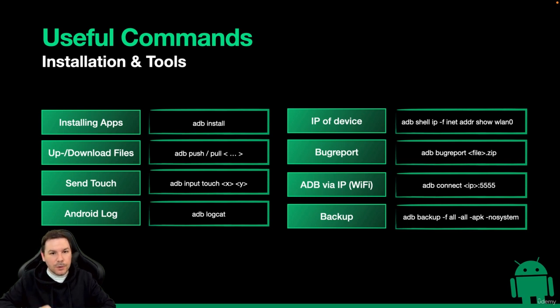ADB connect if you want to make a TCP IP connection, so Wi-Fi for real devices or our virtual machine. And also ADB backup. This one will back up our applications and any corresponding data in there. It depends on the developer what is being included, but sometimes this can also lead to security issues if you can simply fetch the secrets of this user account based on a backup.